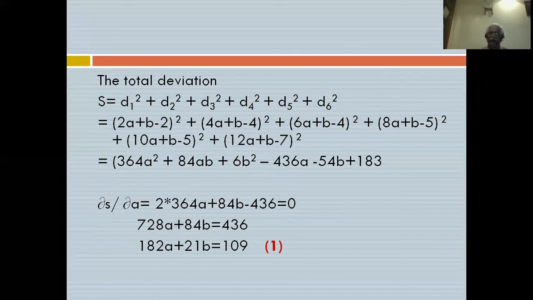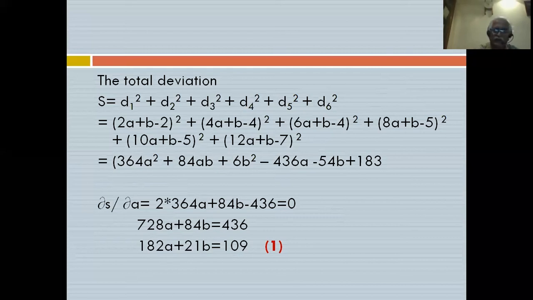So I have already told you d1 square. Now x1 is 2, so 2a plus b, because axi plus b minus yi, is 2a plus b minus 2, where 2 is the y value.